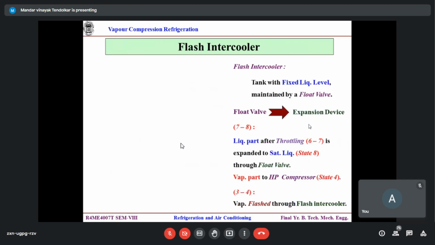Yes, sir. So that is what is written over here. The vapor part goes to the HP compressor. You have to reach from state 7 to state 4. Correct? So who will do that?